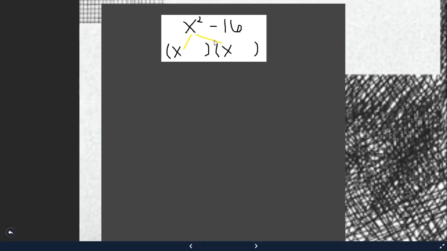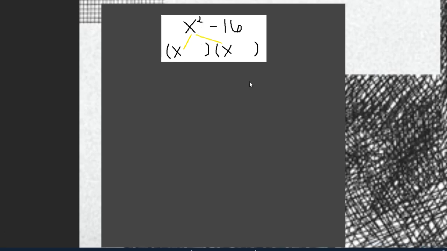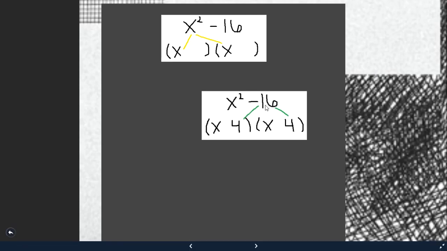So let's see. I take x squared minus 16. I've got my 2 parentheses, and I put x and x in each one, because if we break up x squared, it's x times x. Okay, then we do the same thing for the 16. The square root of 16 is 4 and 4. It's called the difference between squares, so we are square rooting both of these terms.